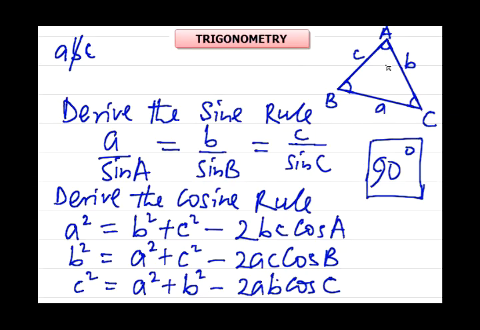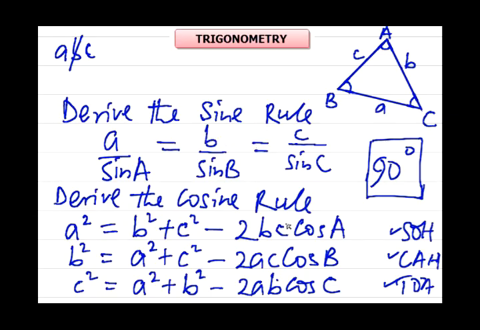But if one of the three angles is 90 degrees, then you can use your normal SOHCAHTOA. Okay, you remember? SOHCAHTOA. To differentiate, this one is the sine formula, this is the cosine formula, this is the tangent formula. But in this case we call it the sine rule or the cosine rule.